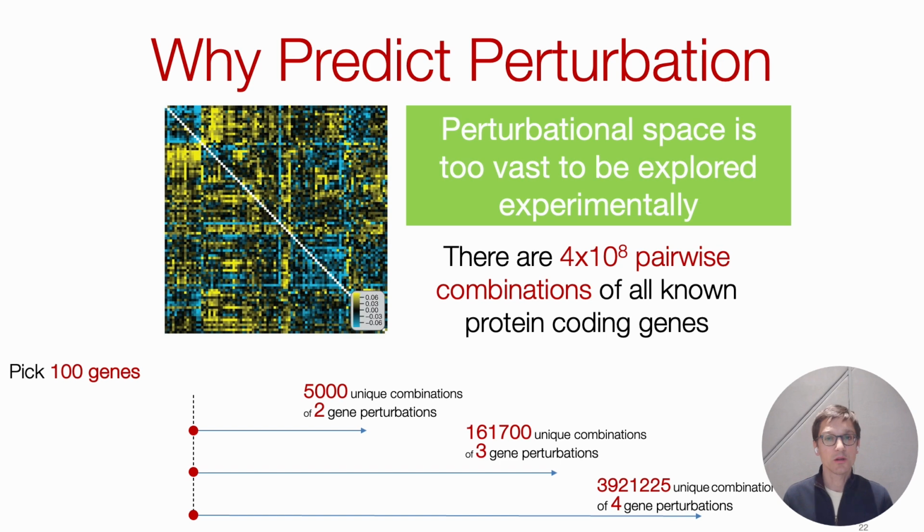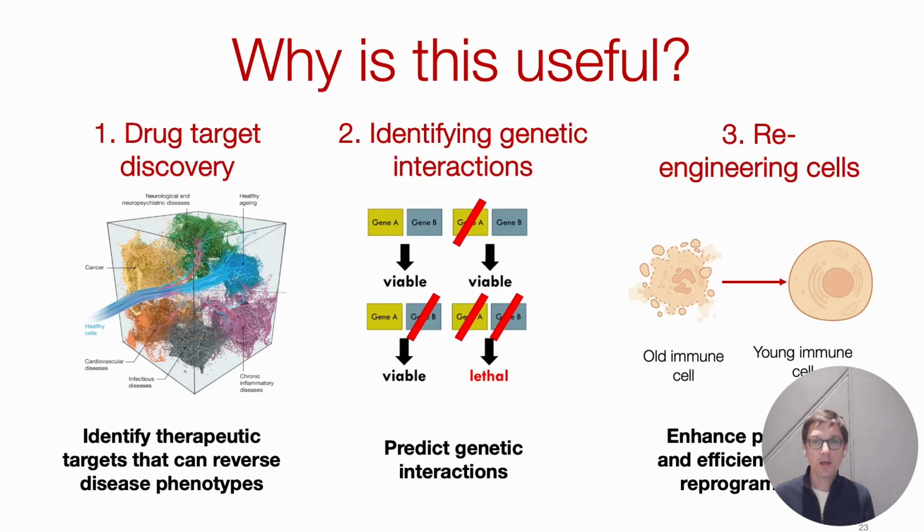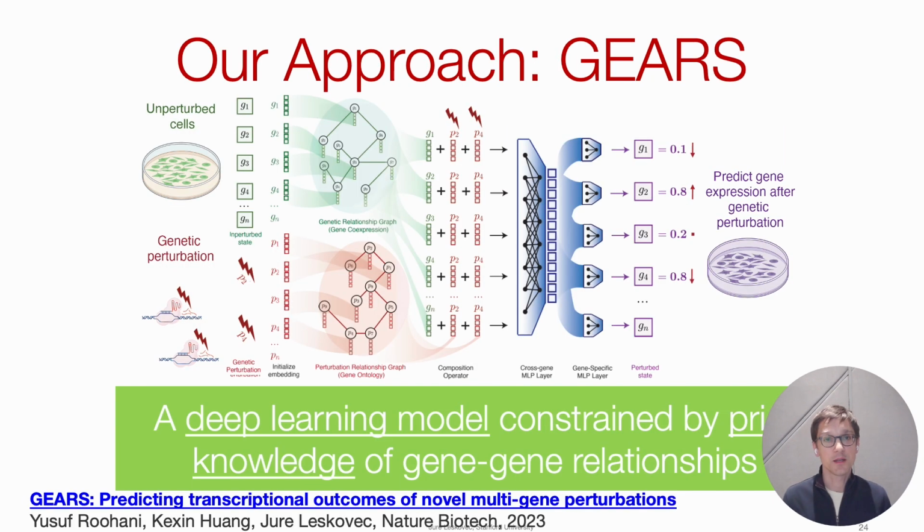So we need to explore it computationally. If we are able to do that, there are a lot of really cool applications that we can build on top of this. This can be used for drug target discovery, to identify genetic interactions, for cell engineering, and so on, right? It could really help us speed up these important applications.